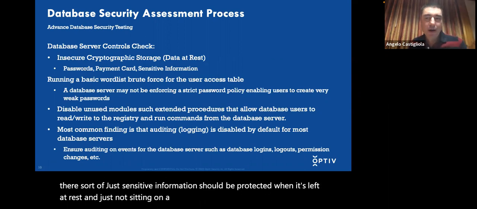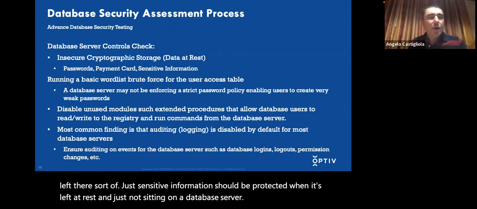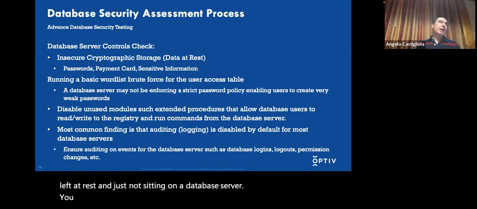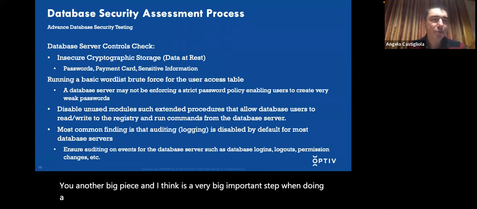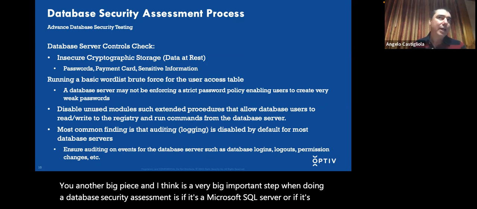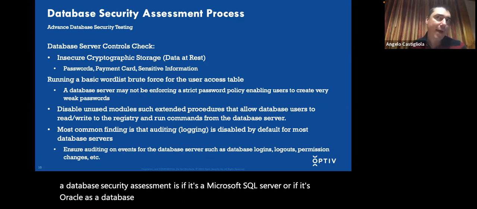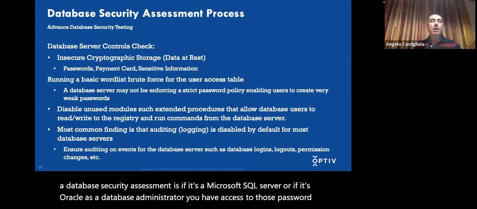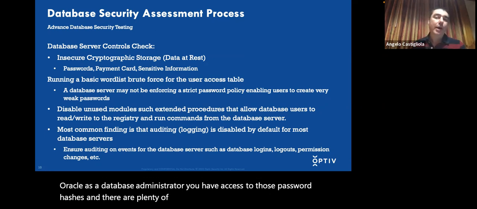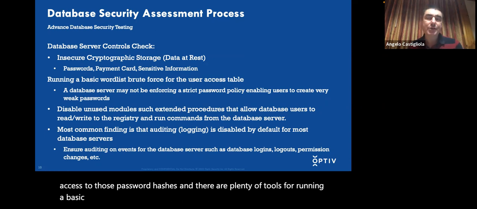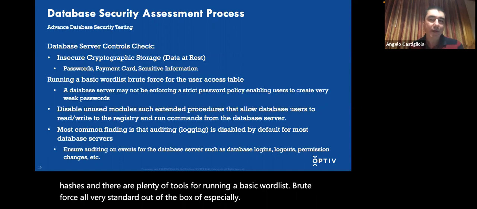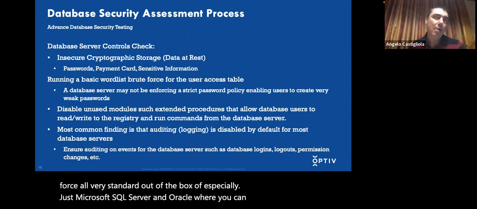Another big and important step when doing a database security assessment is this: if it's a Microsoft SQL Server or Oracle, as a database administrator you have access to those password hashes, and there are plenty of tools for running a basic wordlist brute force, very standard out of the box, especially for Microsoft SQL Server and Oracle, where you can just run those common passwords.